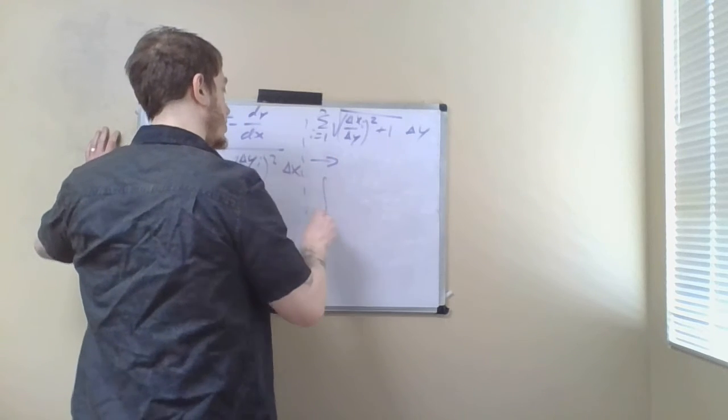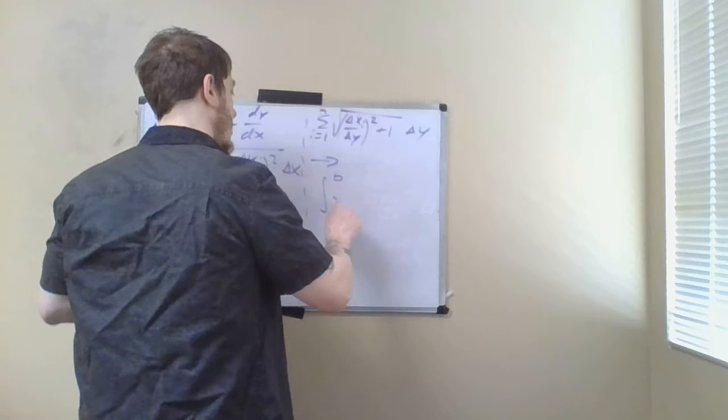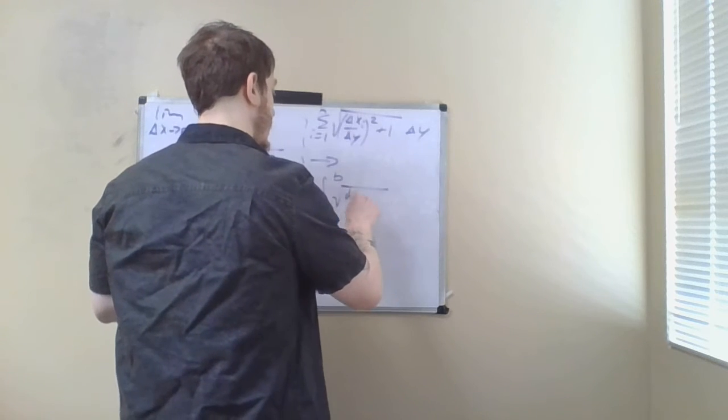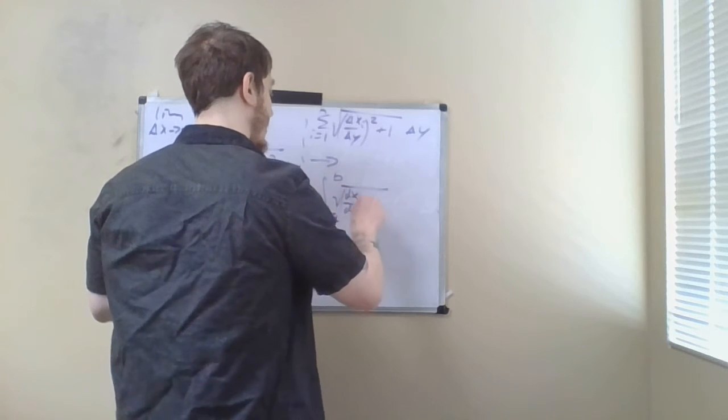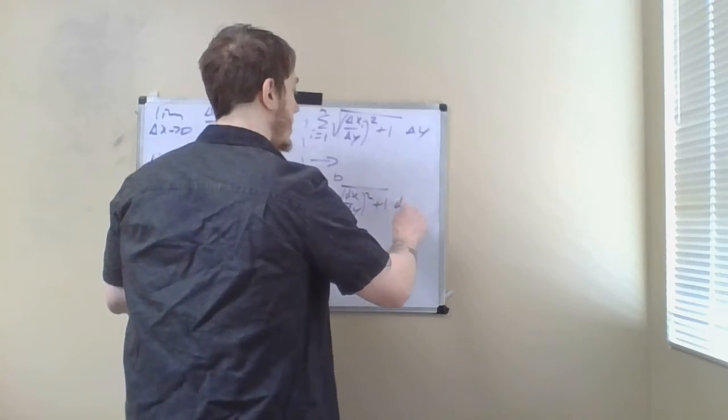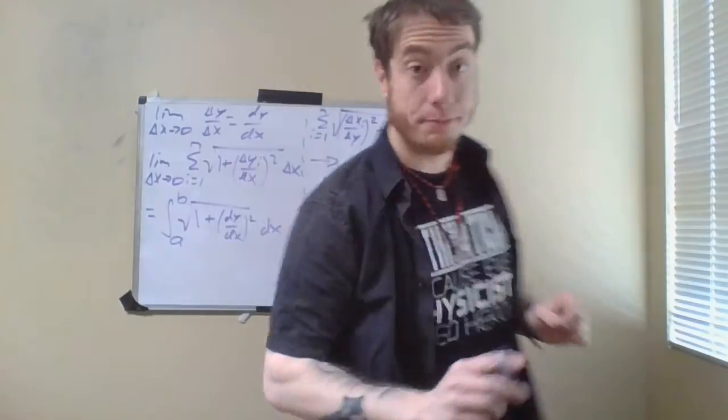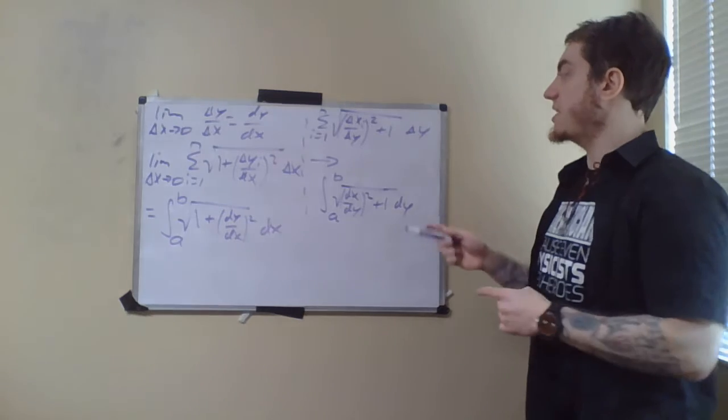And this would approach the integral from a up to b of the square root of dx by dy squared plus 1 dy.